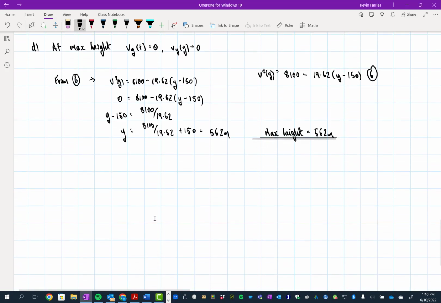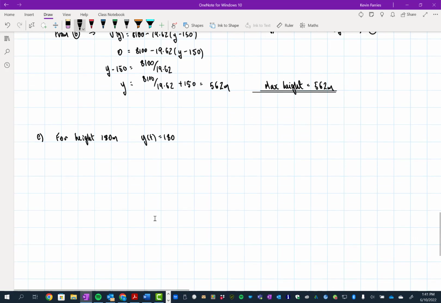So this is now part E, for height 180 meters. What we're going to know there is that y of t is going to be equal to 180.